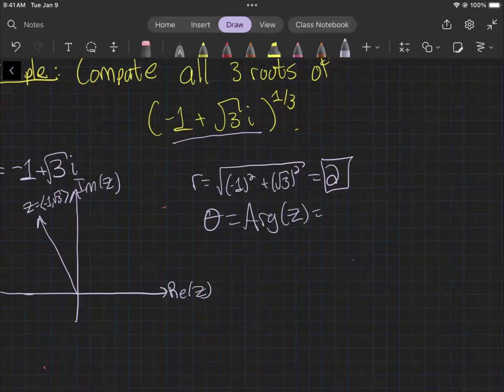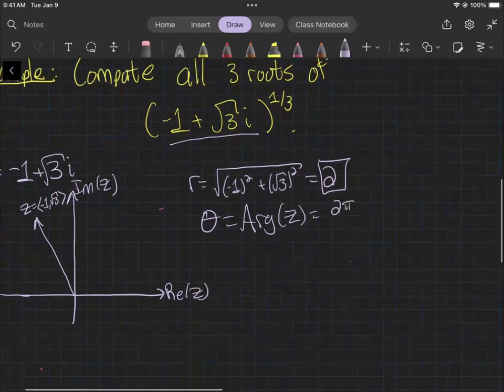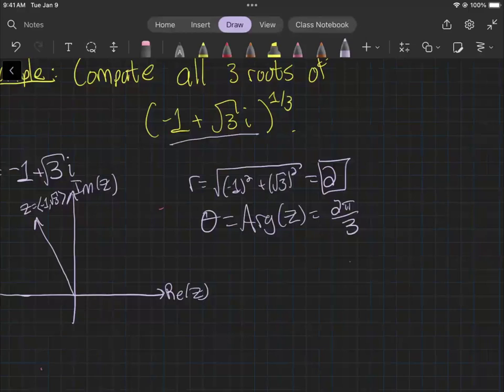The principal argument is between minus pi and pi, so in this case the principal argument would be 2 pi over 3.